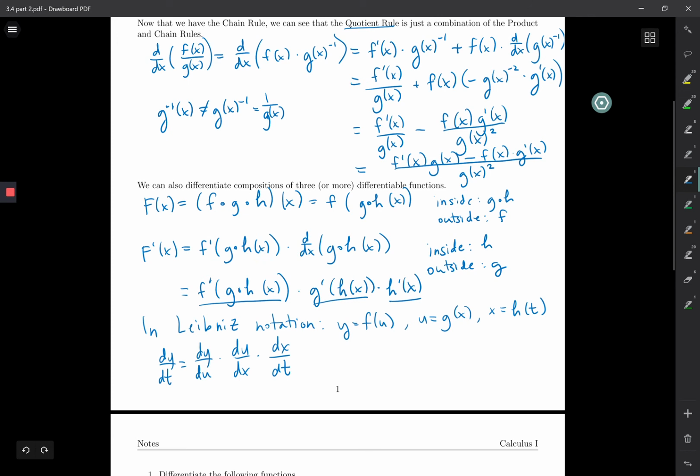Then you can really see that there are just three derivatives being multiplied together. If you had a composition of four functions, you would get four pieces. The more functions you have composed together, the more derivatives you get in this chain. That's why it's called the chain rule: you compose with a new function, and it adds one more derivative to the chain.